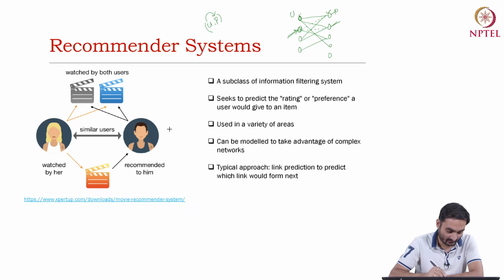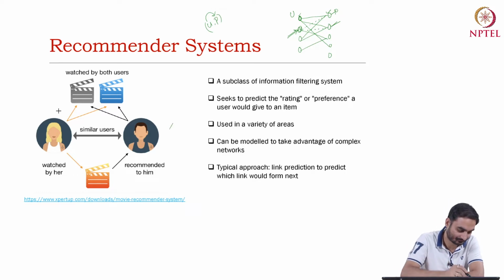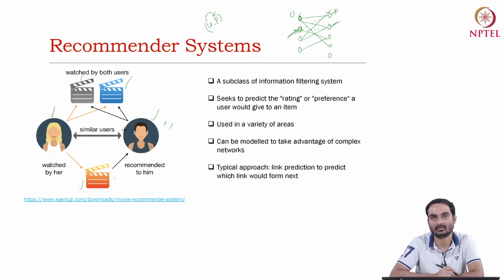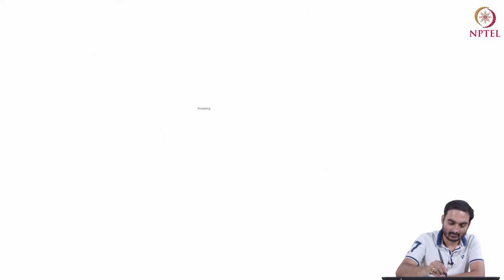As you see here, in a cartoon example, there are two users, both have already watched these two movies and they are quite similar, and this lady has already watched this movie, therefore it is highly likely that this movie can also be recommended to this guy, because these two users have similar interests, similar movie choices.